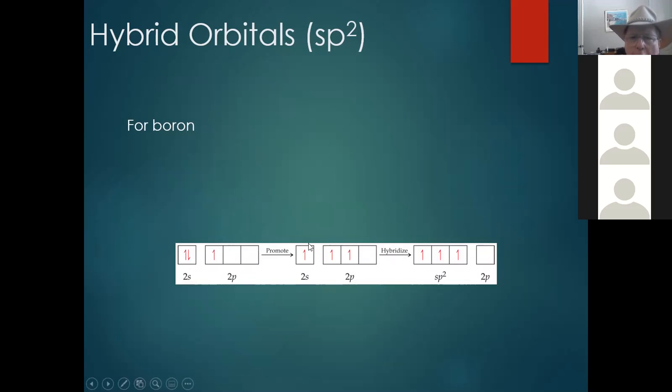So I then take all the orbitals that are involved in bonding and hybridize them. All the ones that are occupied by at least 1 electron get hybridized. That means one of the s's and 2 of the p's. This energy is higher than the 2s, lower than the remaining 2p.